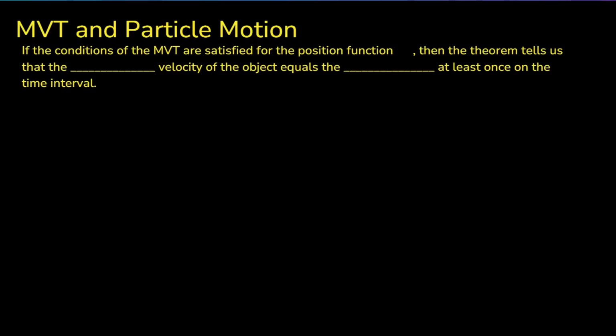Now, the mean value theorem can also be applied to particle motion or motion along a line. So if the conditions of the mean value theorem are satisfied for the position function s of t, or whatever they name the position function, sometimes you might see it x of t or y of t, then the theorem tells us that the average velocity of the object equals the instantaneous velocity at least once on the time interval.